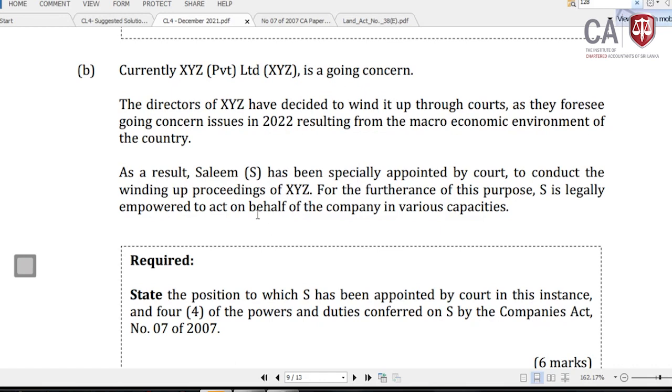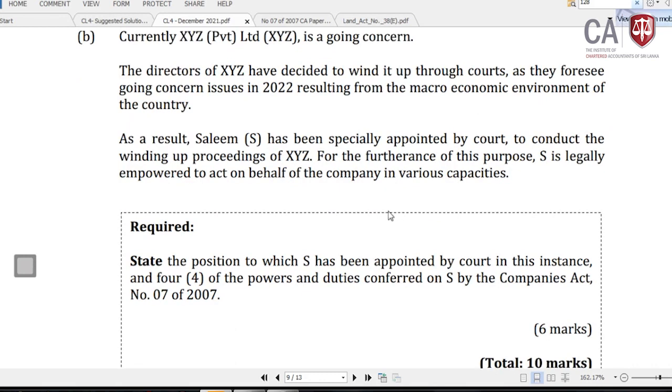As a result, Salim has been specially appointed by court to conduct the winding up proceedings of XYZ for the furtherance of this purpose. Salim is legally empowered to act on behalf of the company in various capacities. So, when you are reading the question, straight away you should be able to understand the position held by Salim in this situation, the role that he has to play in this situation.